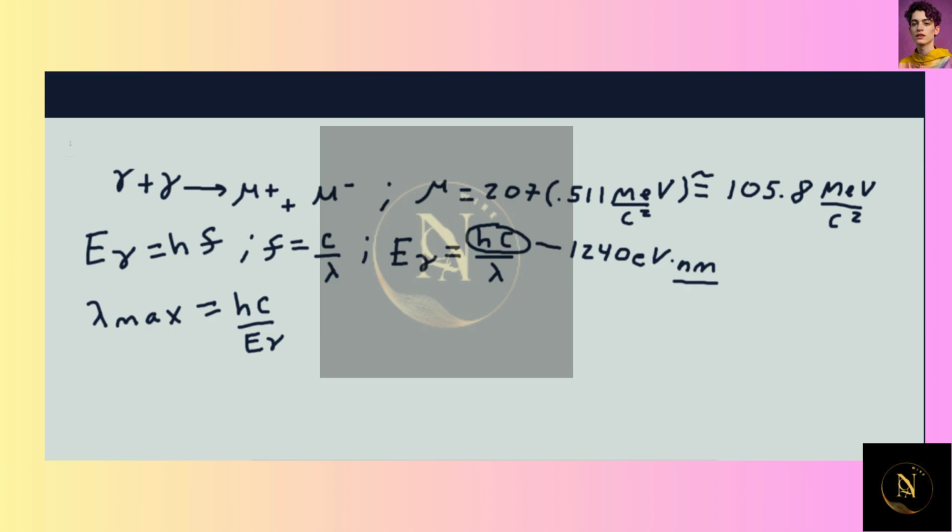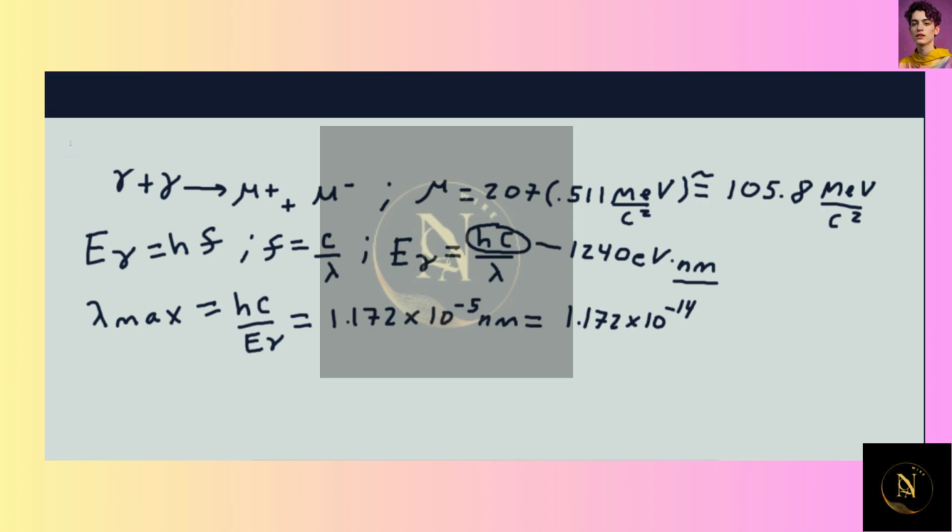Okay, and when I solve this, what I get is 1.172 times 10 to the minus 5 nanometer. Now nanometer is times 10 to the minus 9, so minus 9 minus 5. This is then equal to 1.172 times 10 to the minus 14 meters.